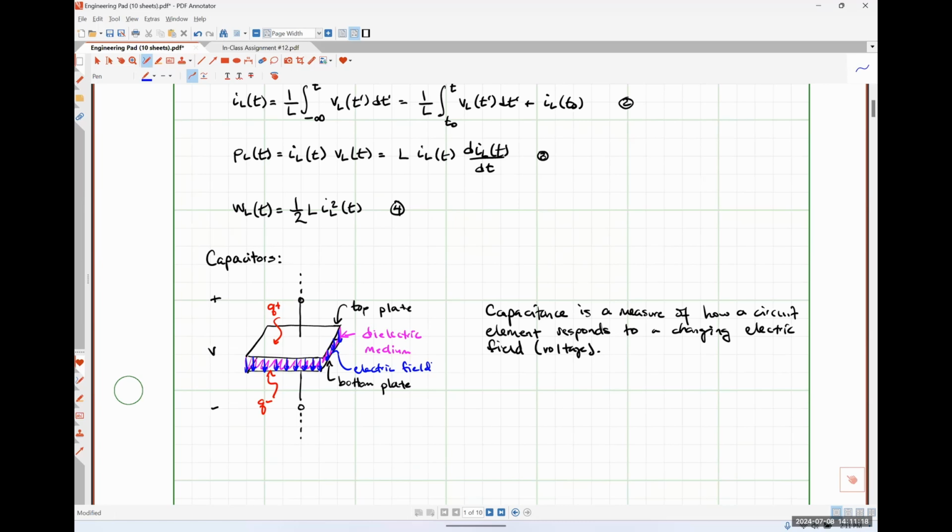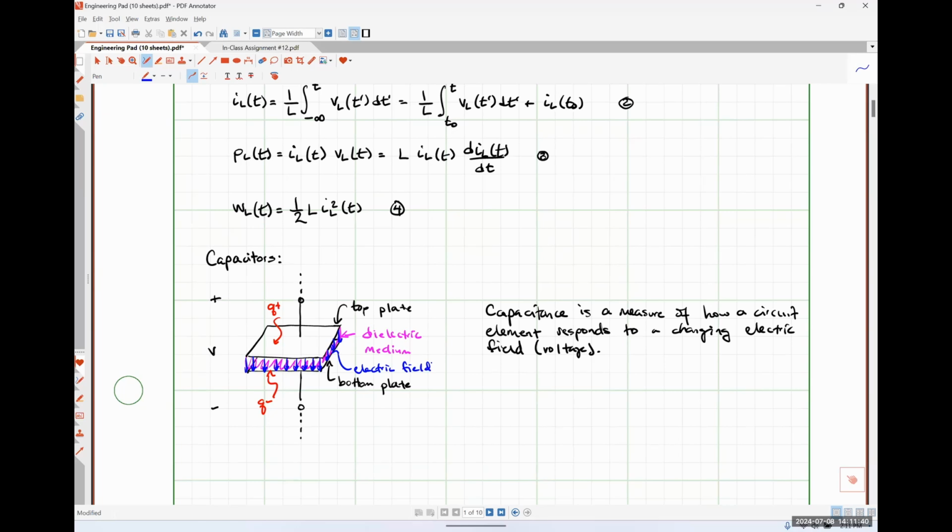So we store all the energy by putting charge on the plate, and then we let the energy flow back into the circuit when we turn the voltage off. So that's the energy storage mechanism for a capacitor. And like I said, I feel it's much easier to understand what's going on with a capacitor than it was for an inductor.